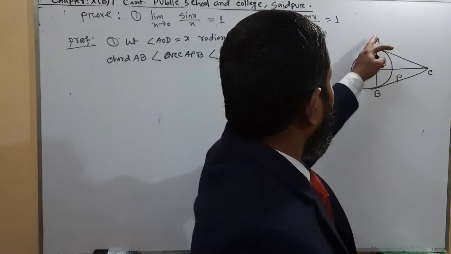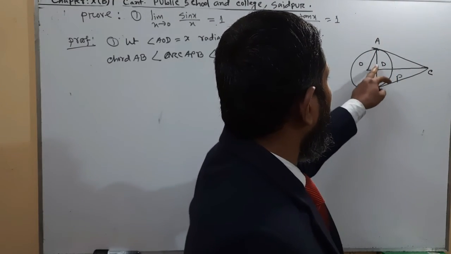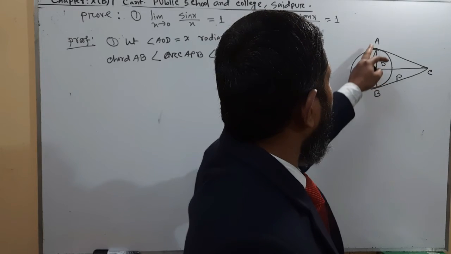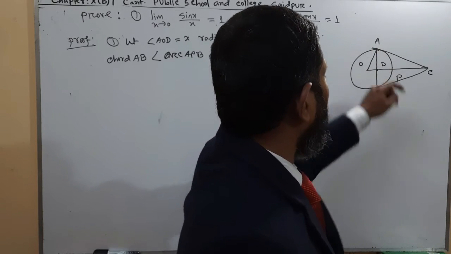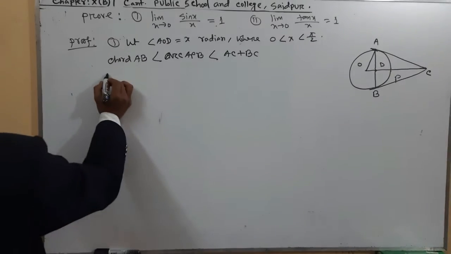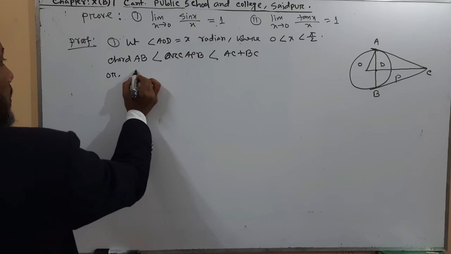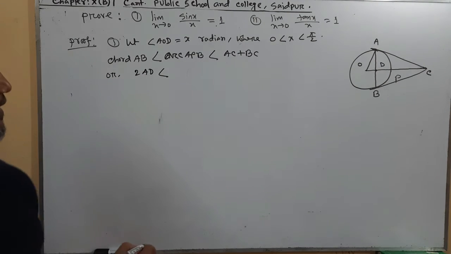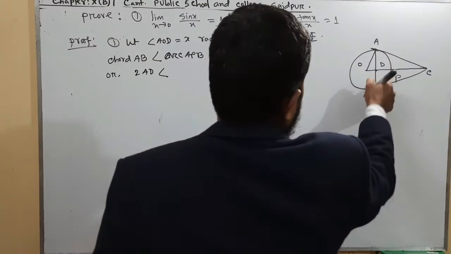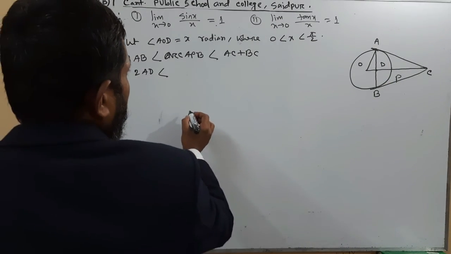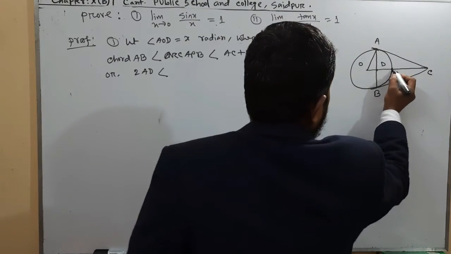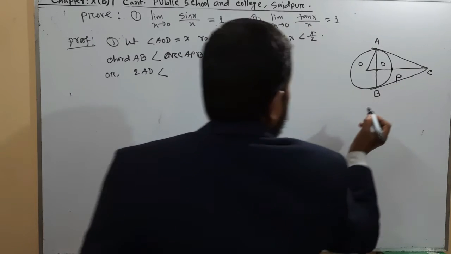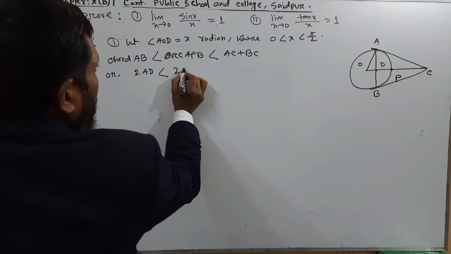Here OP bisects chord AB at D, so AD is equal to half AB, that is AB is equal to twice AD, and arc APB will also be 2 AP.